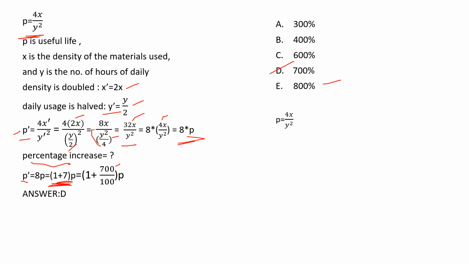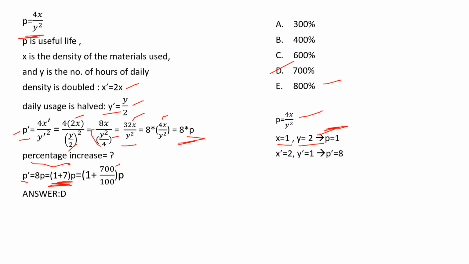So how to solve this quick and easy? P is equal to 4x by y square. Let's just quickly assume that x is 1 and y is 2, right? And so originally the useful life P is equal to 1.